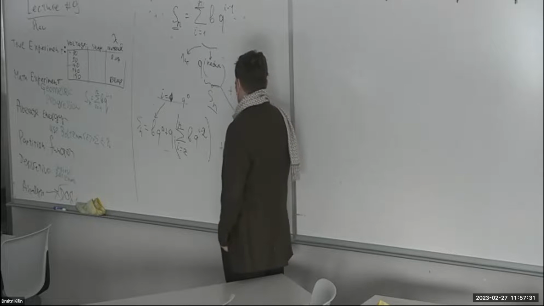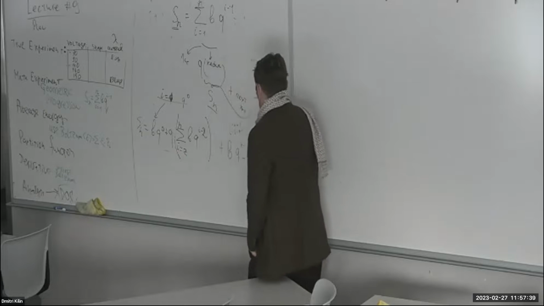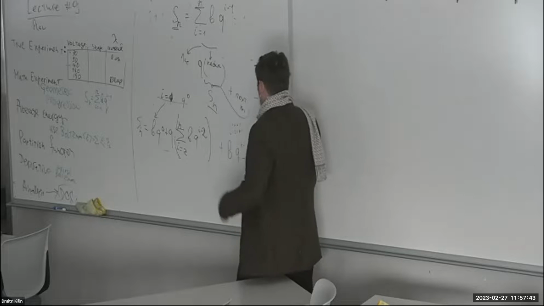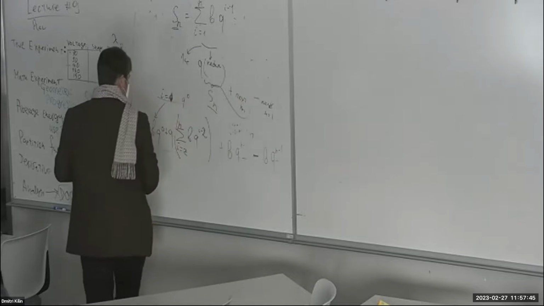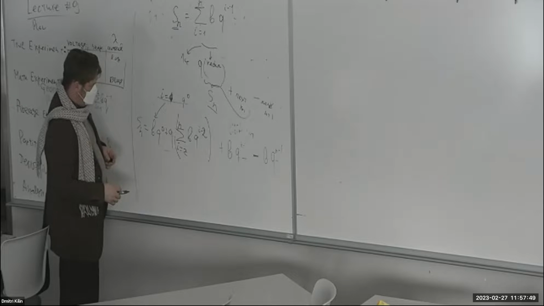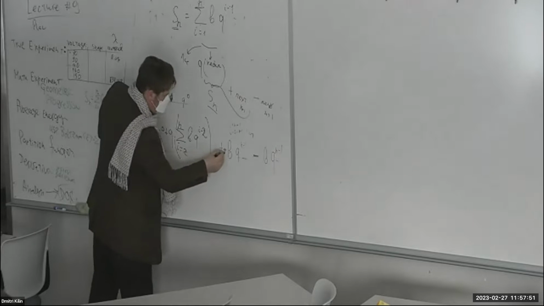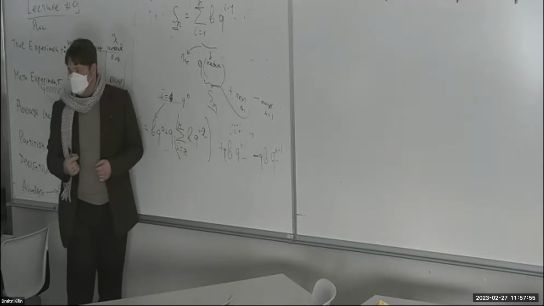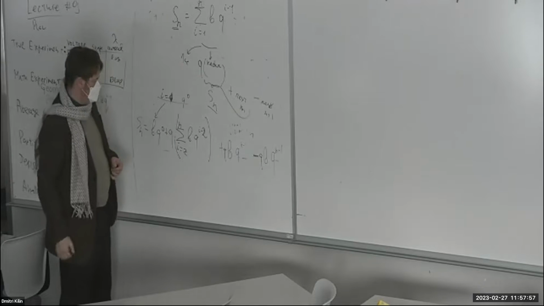So I'll put q to the power n minus 1, and then subtract q to the power n minus 1. It is a legitimate mathematical operation: I add and subtract the same thing. Okay.